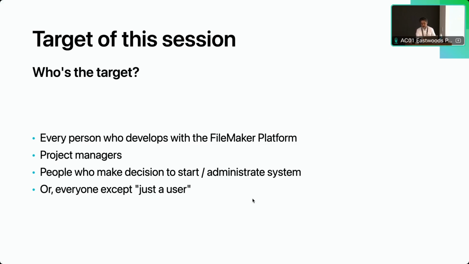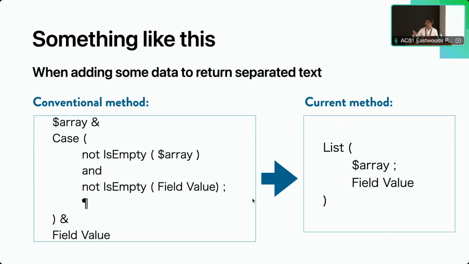And this session is something like this. For example, when adding some data to return-separated text, I did it like this before. But for some reasons, like I found some disadvantages, now I do it in another way.